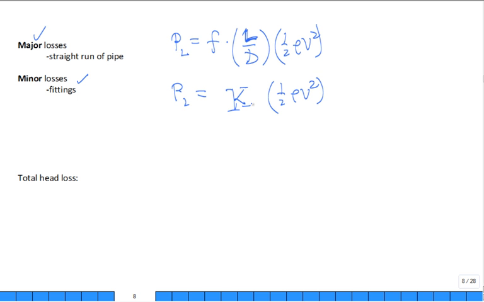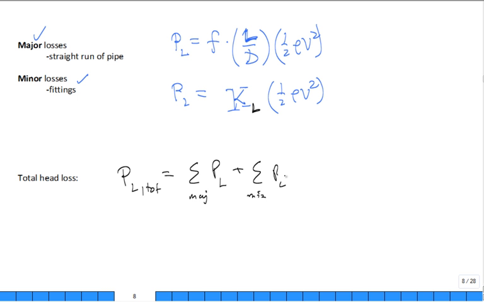And sometimes they'll put a subscript L on it to emphasize this is the loss coefficient for that fitting. Okay. So if you're interested in the total pressure loss in the system, it's going to be the sum of all of the major, how many straight run sections, and how many fittings, minor pressure losses.